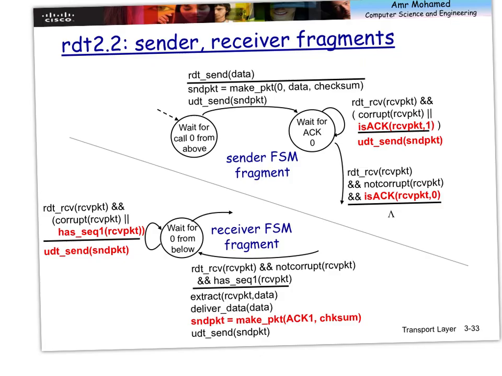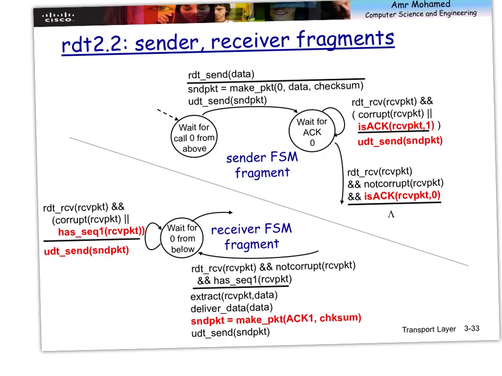Is that clear? Again, this is the receiver, right? And if I receive a segment at the receiver with sequence number 1, but I'm waiting for a 0, what does this tell you?